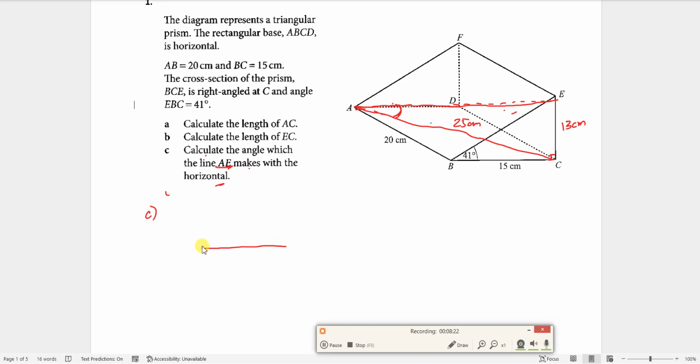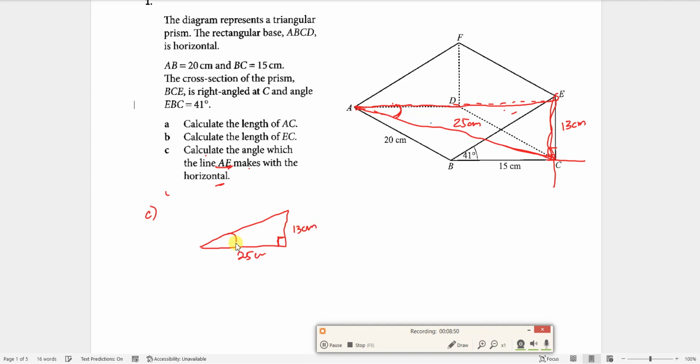This is one line, this is the other one, and it comes down straight. So we can take this as 90. You see here, this is 90. It's perpendicular. All right, so we have 25 centimeter here, 13 centimeter here.